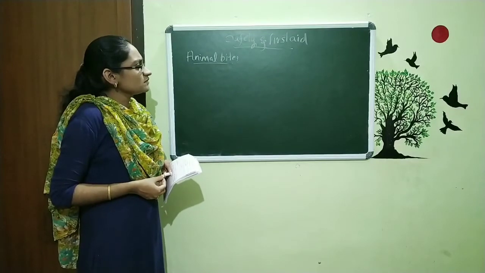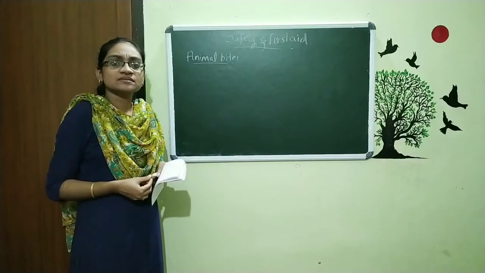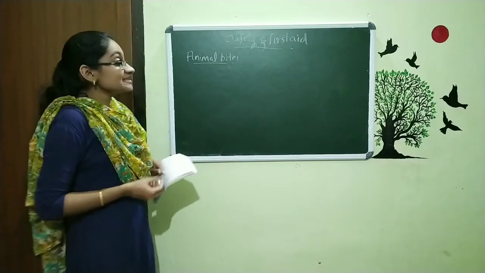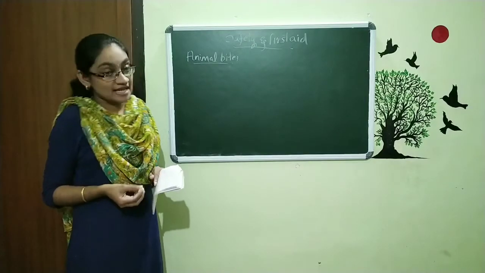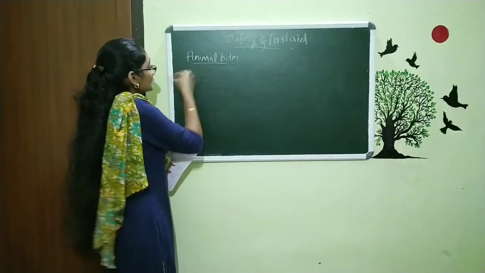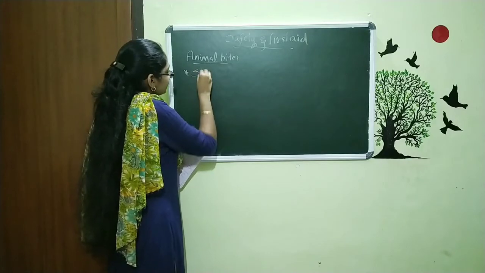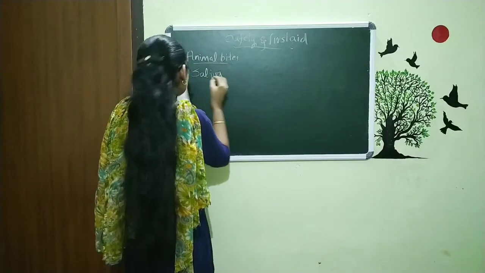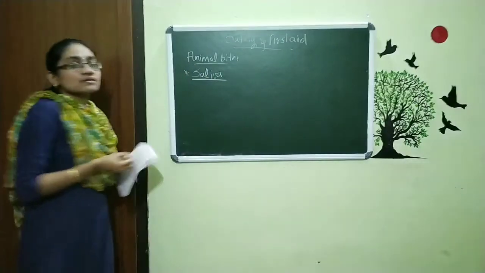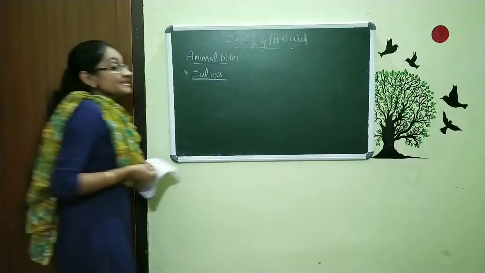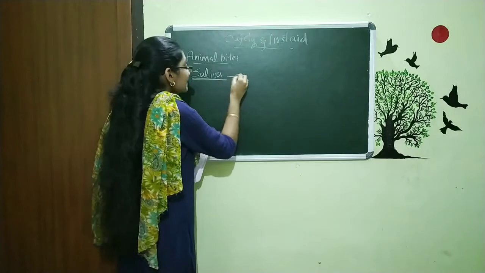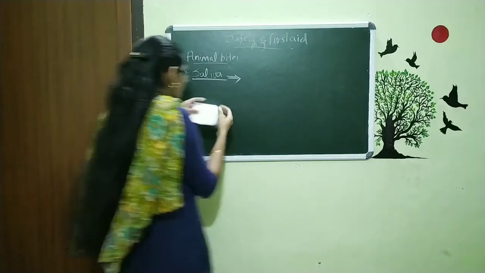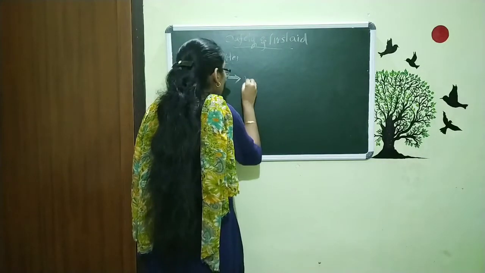What is the problem when an animal bites? The problem is the saliva of the animals. The saliva of animals contains viruses.